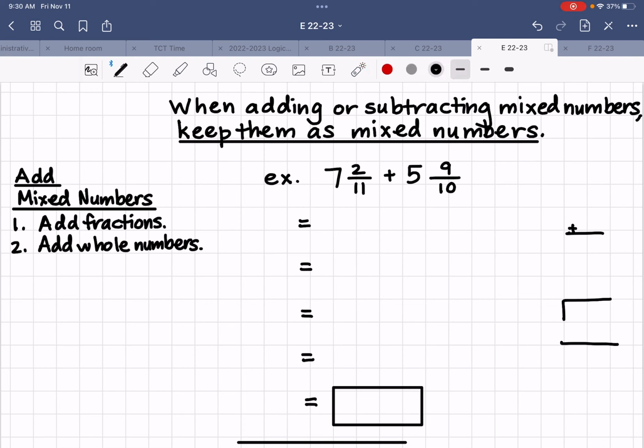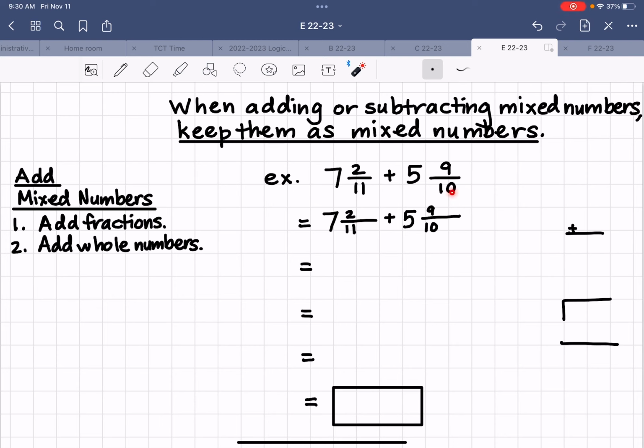All right, so we're going to rewrite this mixed number, 7 and 2/11ths, with an extended fraction line so we can actually rewrite an equivalent fraction to this mixed number. Then we're going to do the same with 5 and 9/10ths, with an extended fraction line to make an equivalent fraction to this mixed number. All right, what are we going to multiply both the 2 and the 11 by?